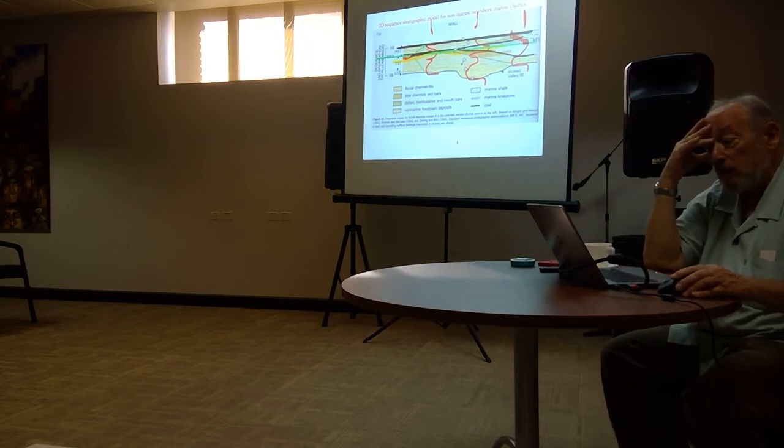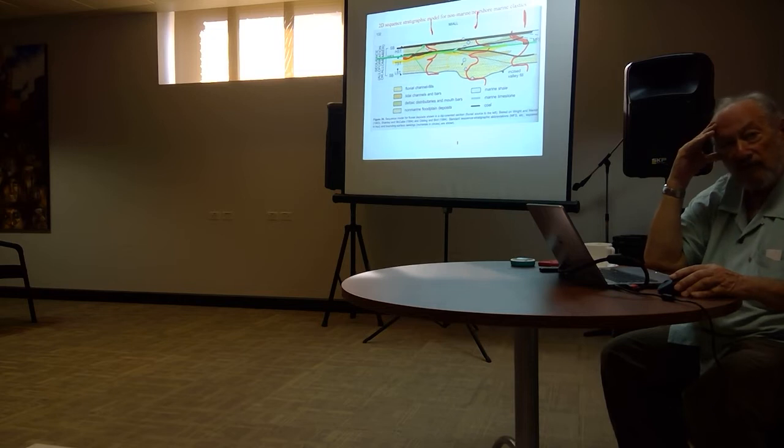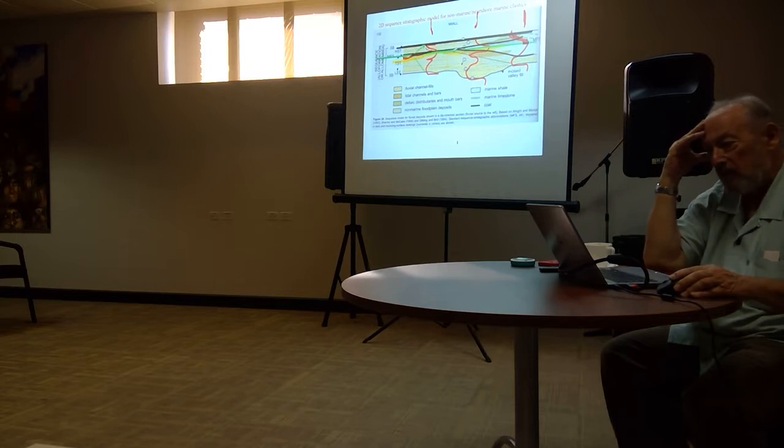Where are your incised valleys and things like that going to be? Well, they're going to be beneath the maximum flooding surface. And where are your highstand progradational deposits going to be? Above the maximum flooding surface.